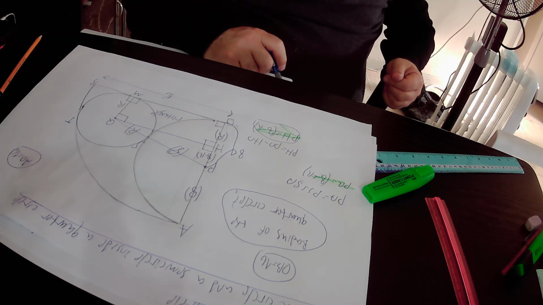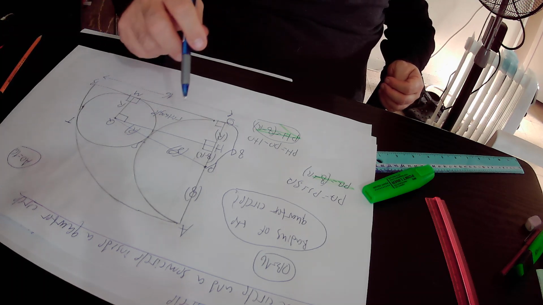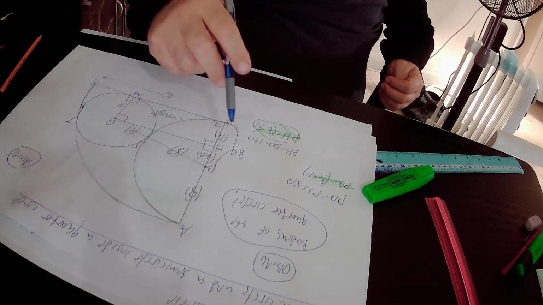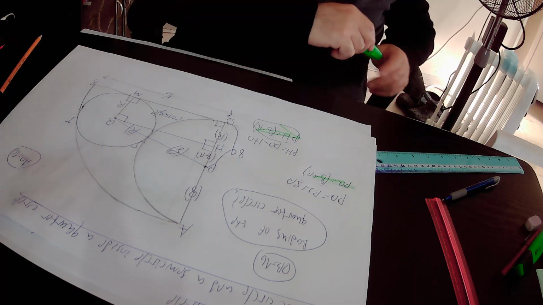In the next step, I'll copy the right triangle PHQ in a new page, and we'll implement the Pythagoras theorem on this right triangle, triangle PHQ.